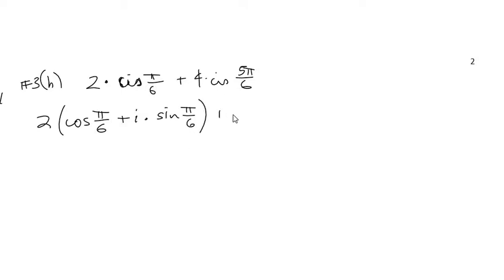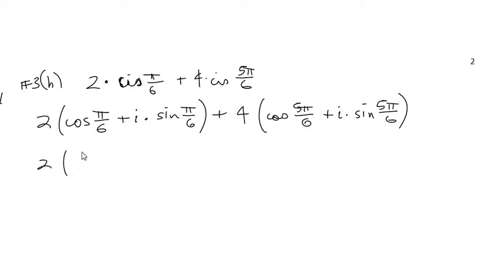And then 4 cis 5 pi over 6 is an abbreviation for 4 times the cosine of 5 pi over 6 plus i times the sine of 5 pi over 6. So all I've done here is just expand these expressions by replacing the cis expressions with what they stand for in terms of sine and cosine.